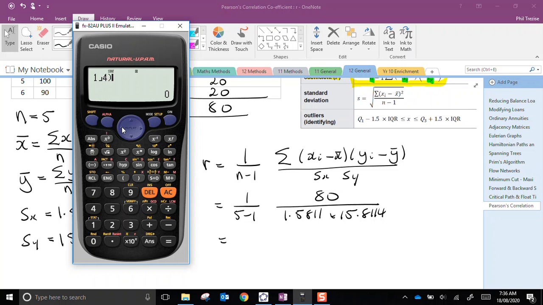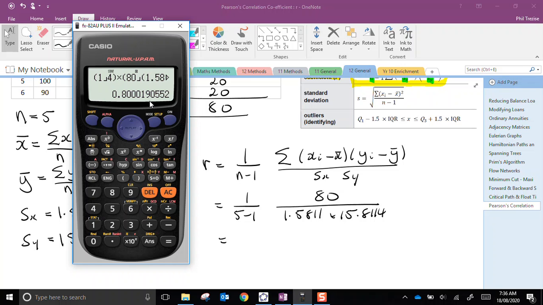I might just use brackets on that to be absolutely sure that the 1 over 4 is a standalone entity. And now I've got 80 over, and again I'll use brackets on the denominator, 1.5811 by 15.8114.